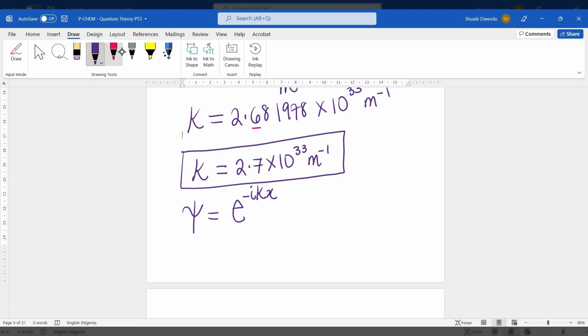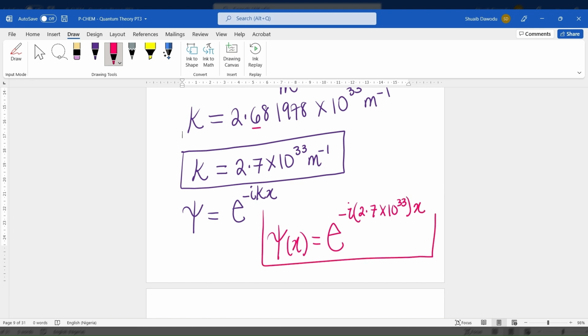So the wave function of x is simply e raised to the power of negative i 2.7 times 10 raised to the power of 33 x. So this is basically the answer to this question.